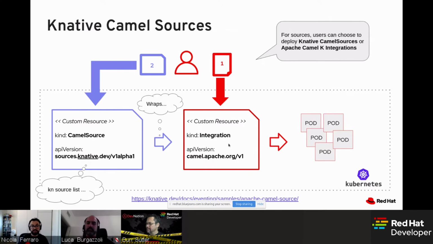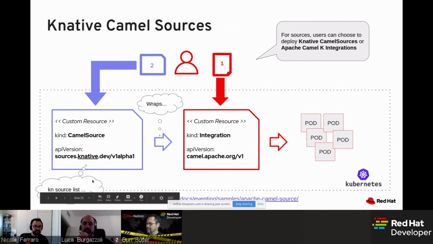I'm telling this to you because I'm going to use a Knative source in the demo shortly. But the difference is that the Camel source can also be used with the kn tool, and it is compatible also with the OpenShift console, with every tool that is based on top of Knative. And under the hood, the Camel source is converted into an integration.